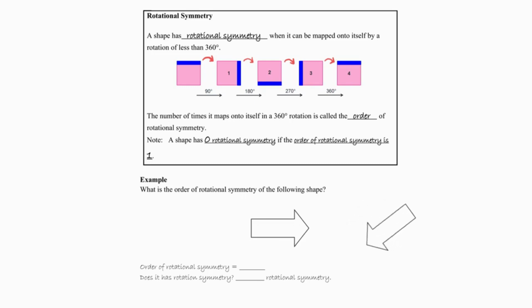Turn, and it does not look like the shape. I'm going to continue to turn. It still does not look like the shape. After I go through another round, notice that only after one round it goes back to the original shape. So in this case, the order of rotational symmetry will be equal to 1.